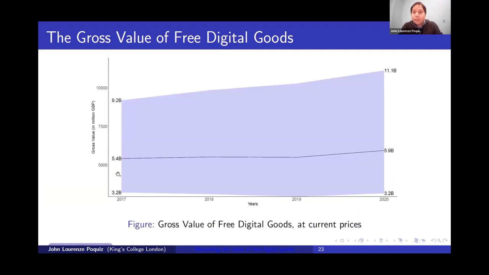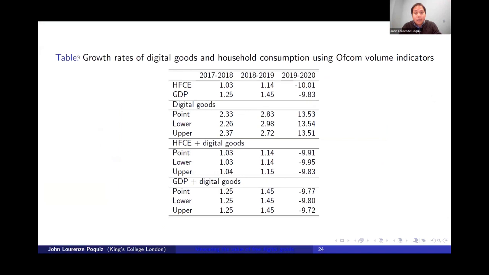So these are our estimates. Our baseline estimates show that the gross value of free digital services would be around 3.2 billion to 11.1 billion. For most years we don't see a substantial impact on household final consumption growth and GDP growth.